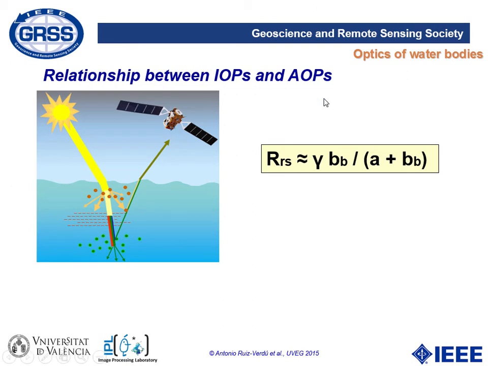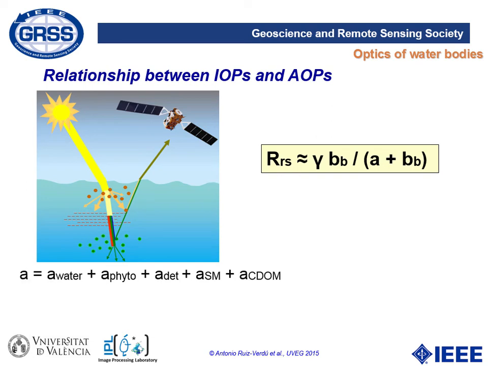And this remote sensing reflectance is directly proportional to the amount of backscattered light, and inversely proportional to the sum of absorption and backscattering. So this is the basic equation that relates remote sensing reflectance with the absorption and backscattering coefficients.